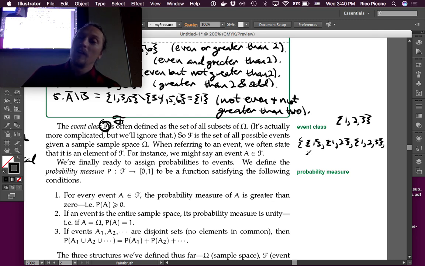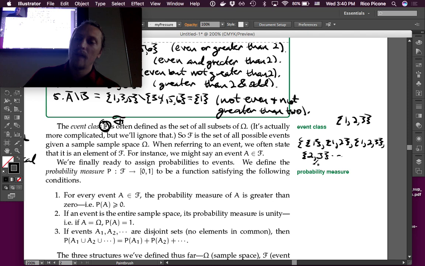And another one, I'm not going to do all of them, would be like a 2 and a 3, etc. But it's also known as the power set.